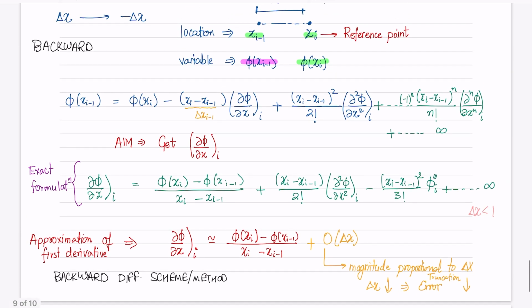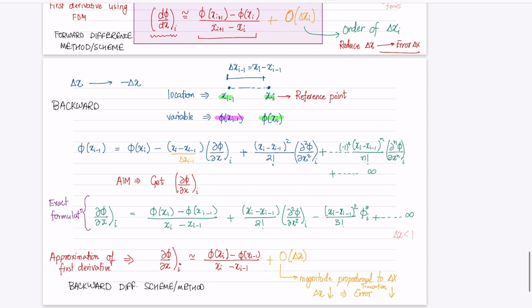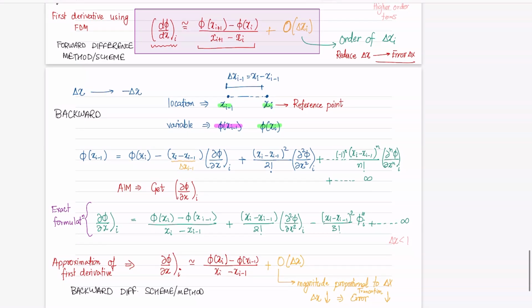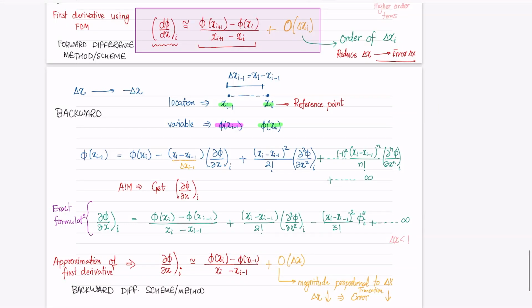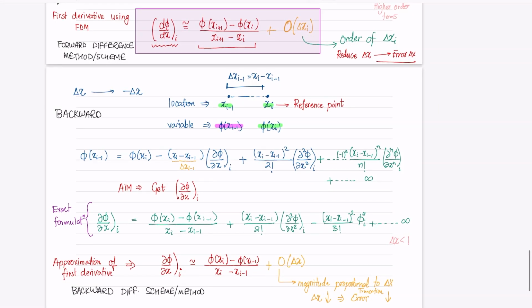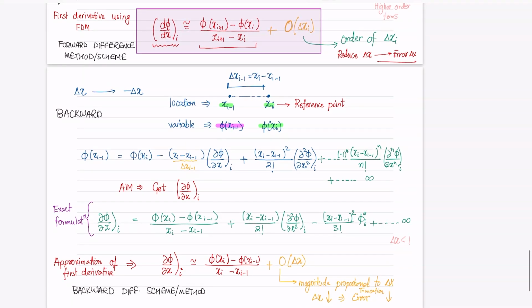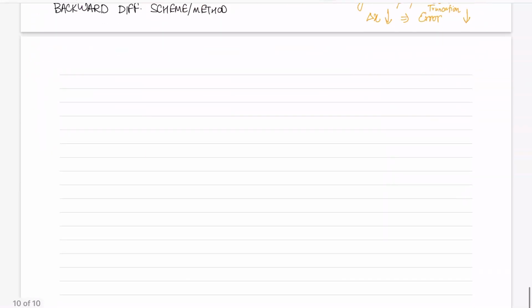But the key takeaway here is that at least for the expressions that we have derived, the truncation error is approximately the same. In both of these expressions, the truncation error, which is probably the most important aspect of these approximations, is of the order delta x. So in finite difference methods, we want to get information about the derivatives.